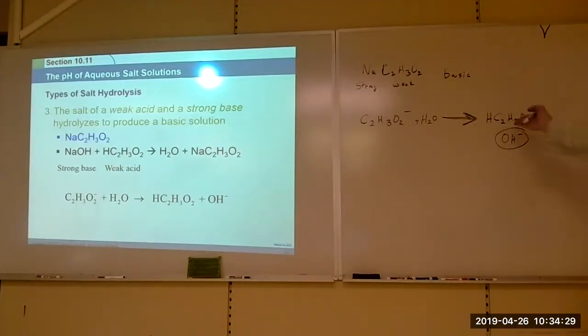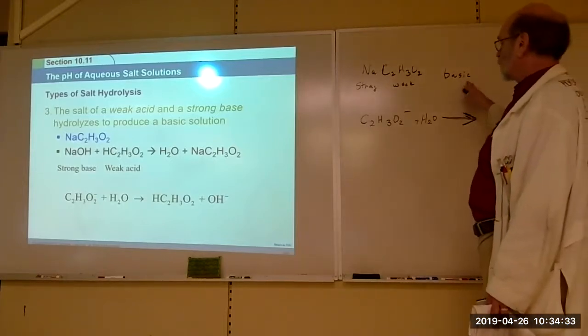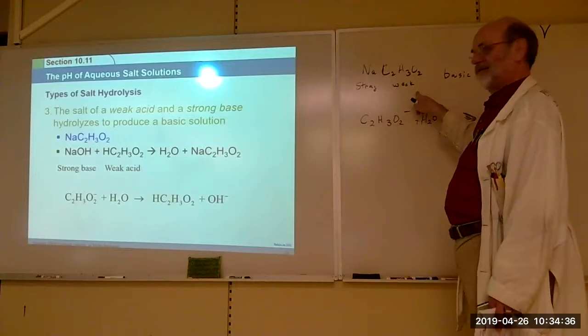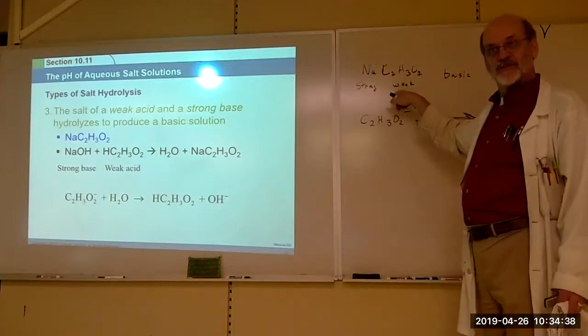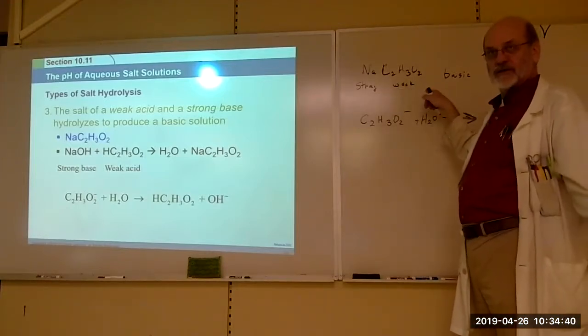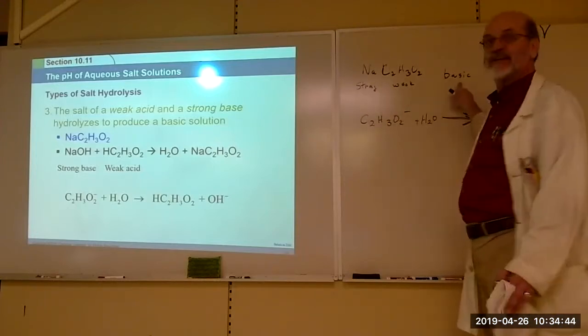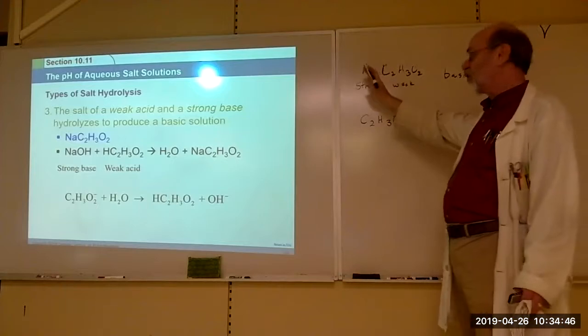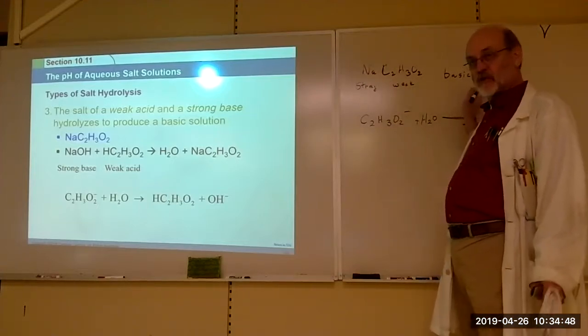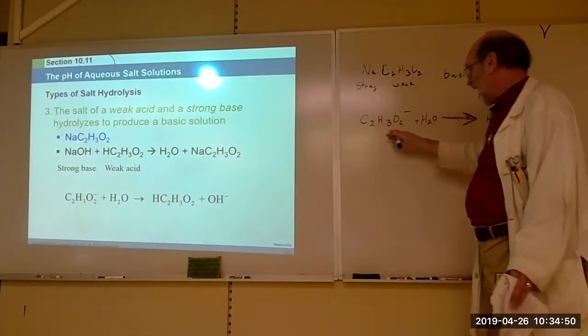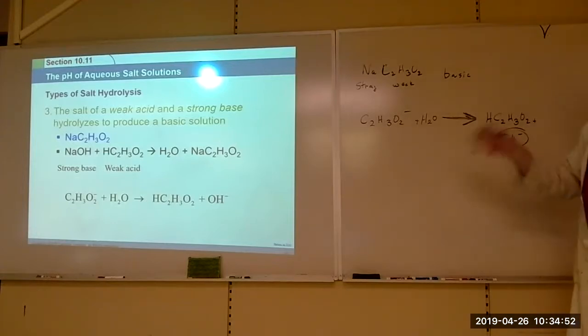Hydroxyls. That's your base. So the reason it's basic is due to the weak acid, not the strong base. But my rule of thumb works as strong base, weak acid makes basic solution. So the strong one determines this by rule of thumb, but the weak acid determines this by chemistry.